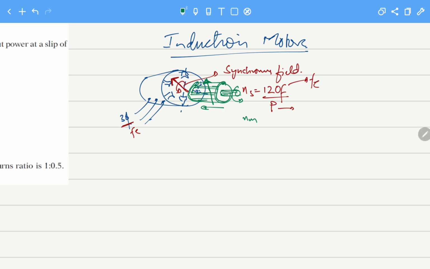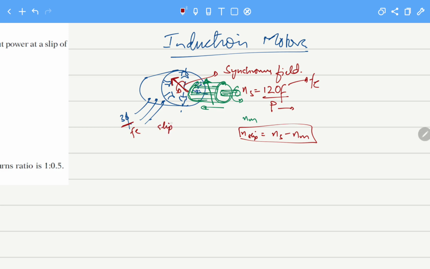The slip speed is the difference between the synchronous speed and the mechanical speed, and it can be calculated.